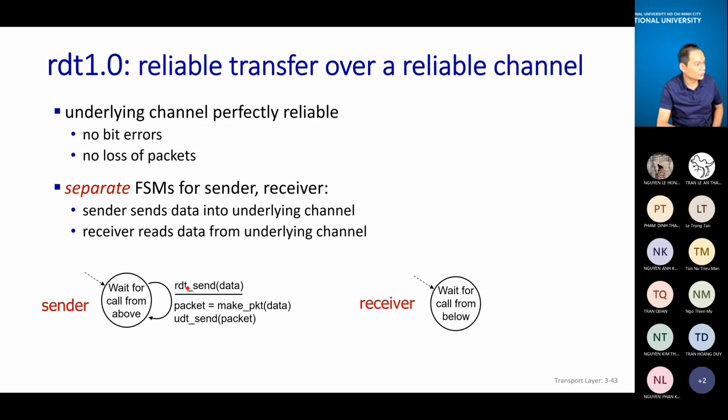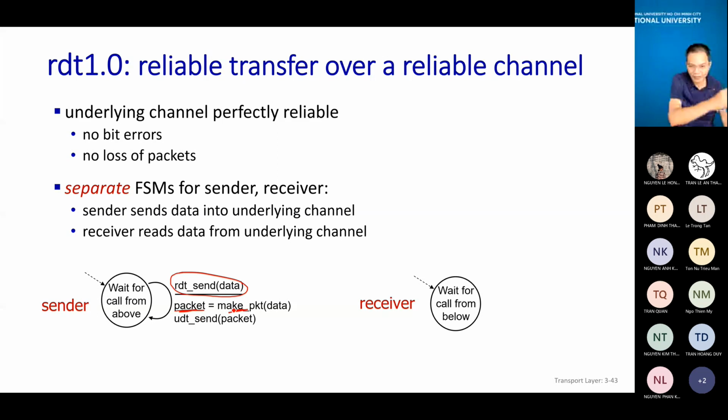We receive an event, a send request for data from the application layer. The action is to create the packets. What does it mean? It means the application will give us some data to send, so we need to break it into datagrams, for example.